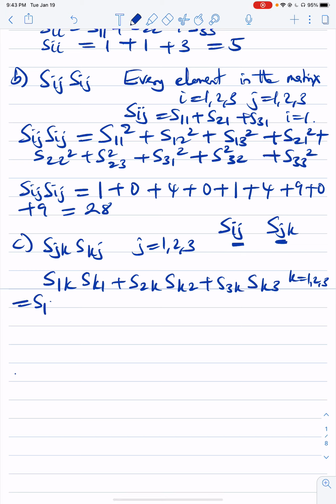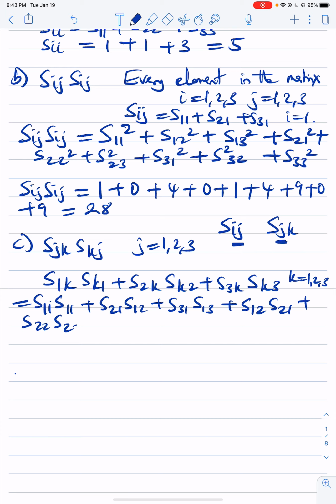So for k equals 1, S11 S11 plus S21 S12 plus S31 S13, you're done with the first one, right? For k equals 2, it will be S12 S21 plus S22 S22 plus S32 S23, right? Then for k equals 3, it will be, that's from here, right? S33 S, let me see.